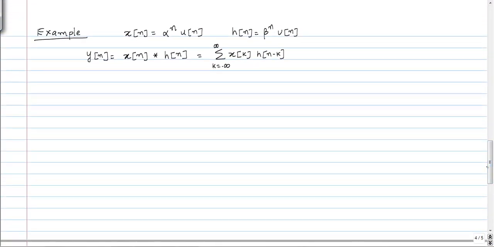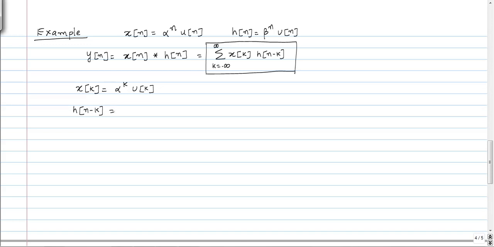Okay, so what we need to evaluate is this summation here, given by the summation over all values of k, x of k times h of n minus k. We'll begin by first looking at x of k, which is alpha to the k u of k, and h of n minus k.